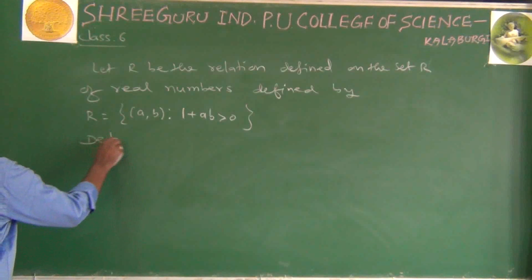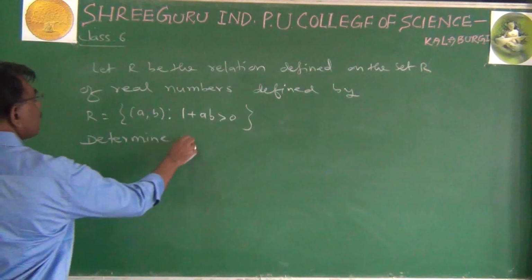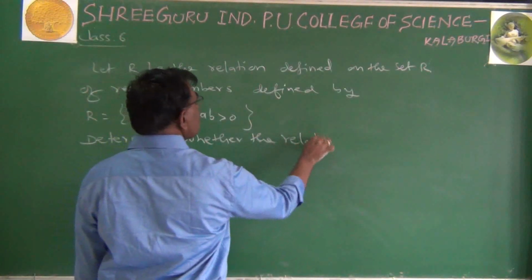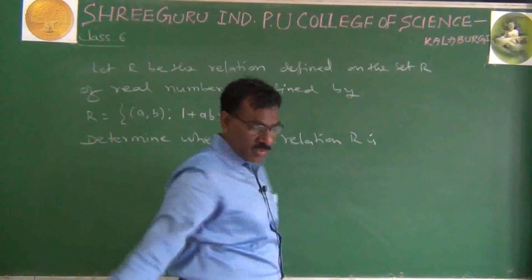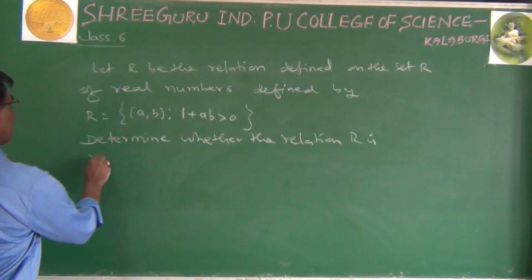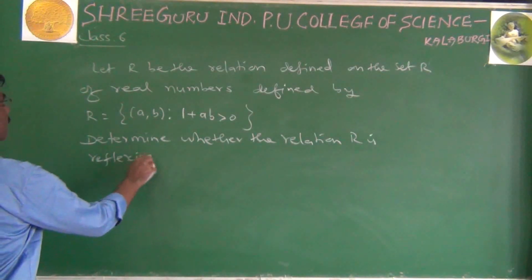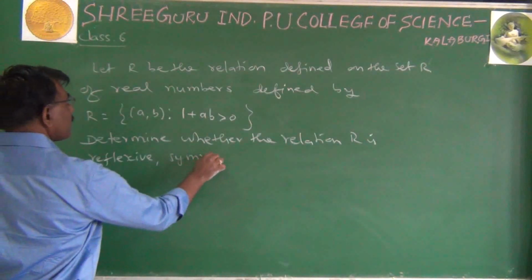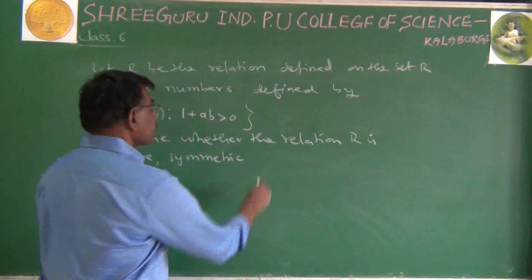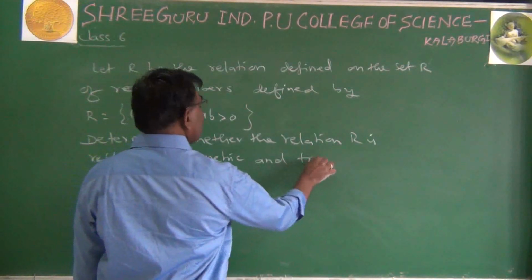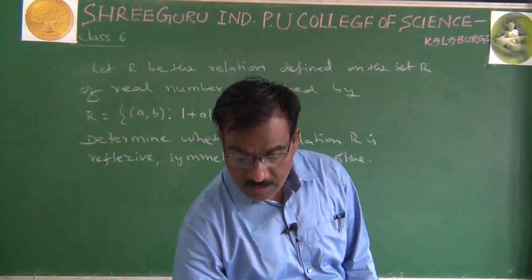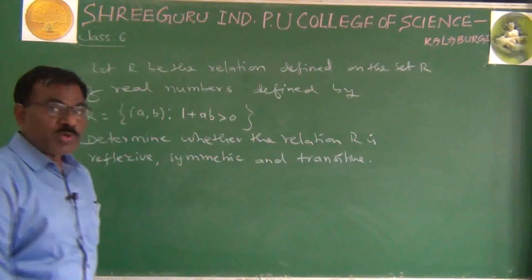Determine whether the relation R is reflexive, symmetric, or transitive. Okay. This is the question. This is the last problem.